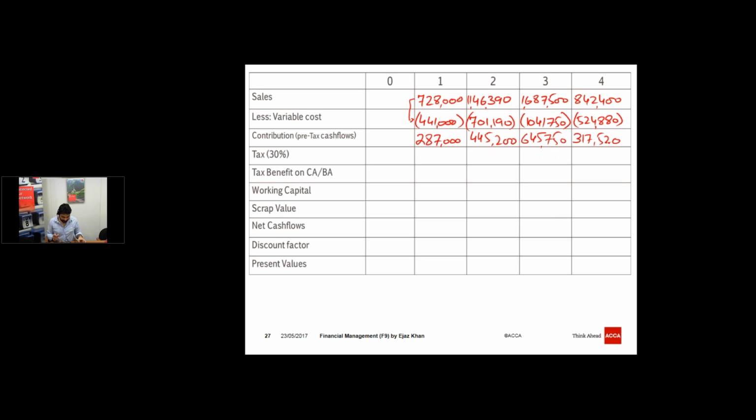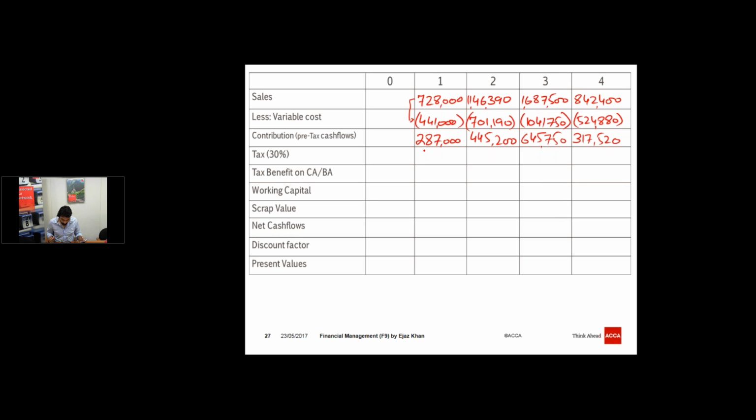Okay, these are the pre-tax cash flows, and we will apply the tax at the rate of 30% on these cash flows. So for the first year, we will take 30% of 2,87,000. So 287,000 times 0.3 is 86,100.